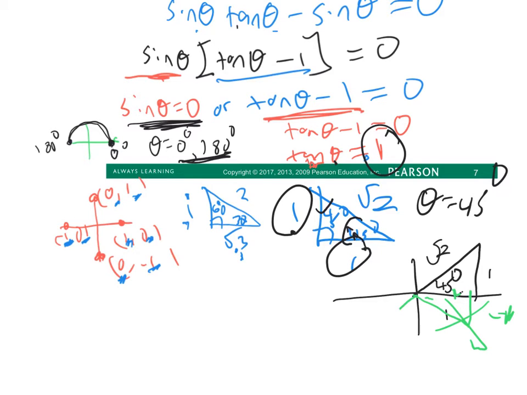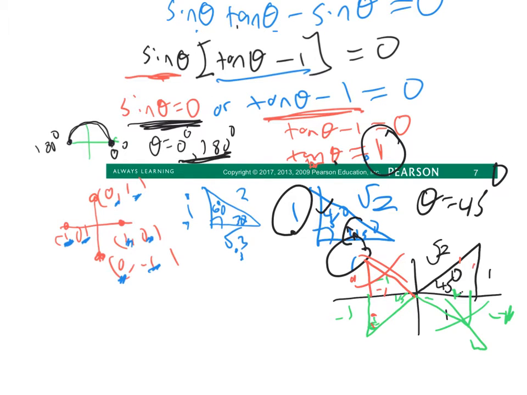Is tangent positive here? Let's see. If that's 45 degrees, that would be a negative 1. That would be a negative 1. Oh, it is. There's that angle here. Let's check the other one here. Is tangent positive there? That's a 1 and that's a negative 1. No, it's not there either.